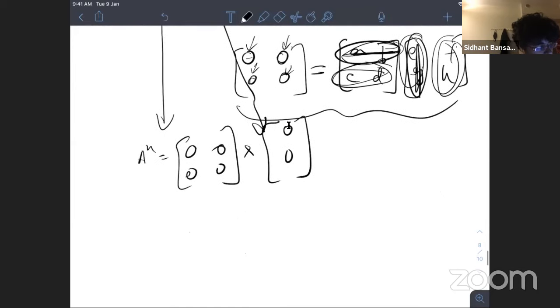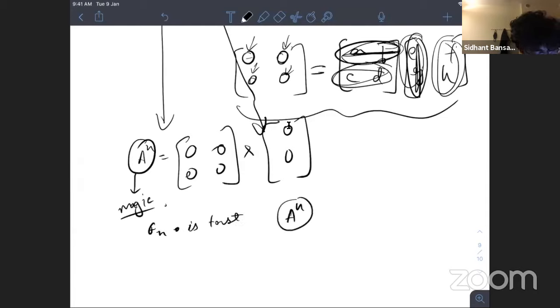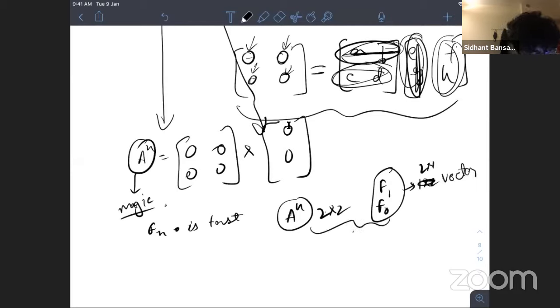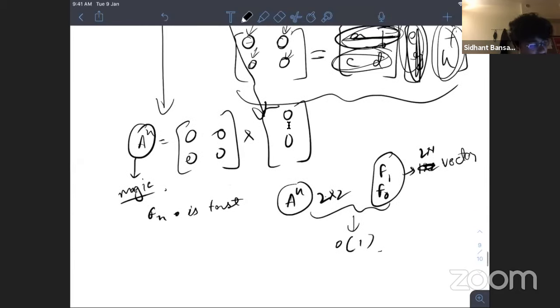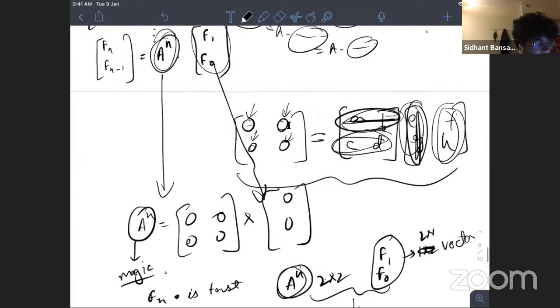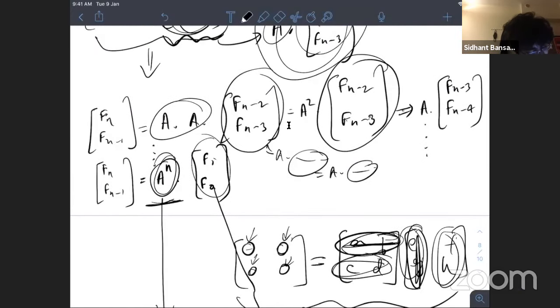If you have A to the n somehow by magic, then calculating Fn is fast, because A to the n is a 2 cross 2 matrix, and F1, F0 is a 2 cross 1 vector, and multiplying these two is order 1. If you already know A to the power n, you just plug it in, do the multiplication and get this and this, but you can ignore this value. You just get Fn.